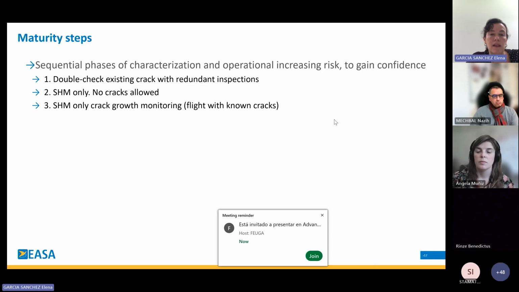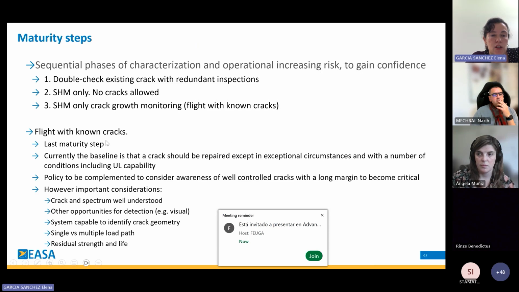And then the last stage, which will be the most risky, is SHM only with crack growth monitoring, what is called flight with known cracks. The last one is more challenging in terms of risk, but in terms of detection, maybe it's easier to follow a crack, where you know where it is, than to put a sensor that is waiting for a crack to appear. So flight with known cracks is the last maturity step.